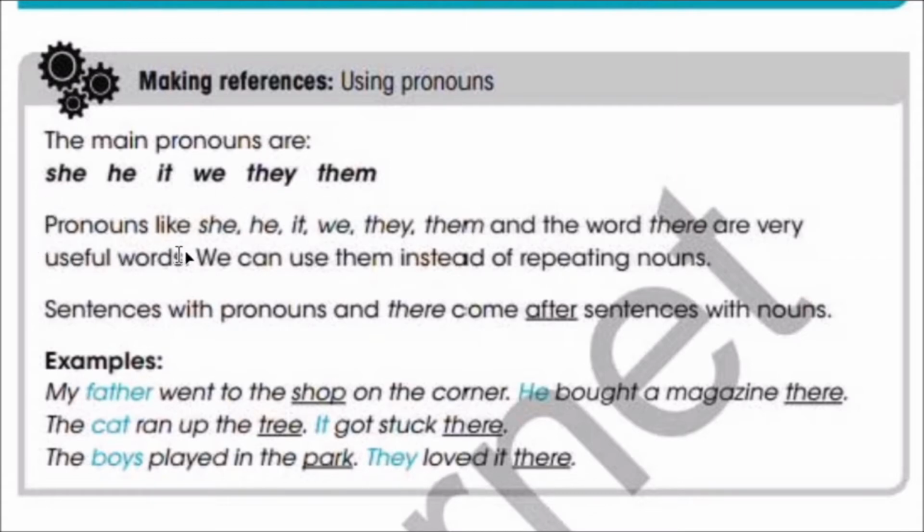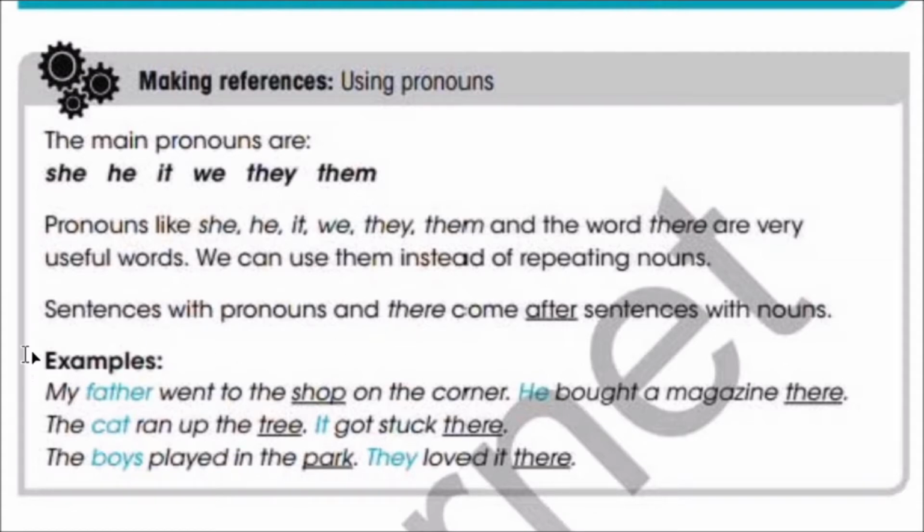Pronouns like she, he, it, we, they, and them, and the word there are very useful words. We can use them instead of repeating nouns. Sentences with pronouns and there come after sentences with nouns. We will explain this using these sentences.